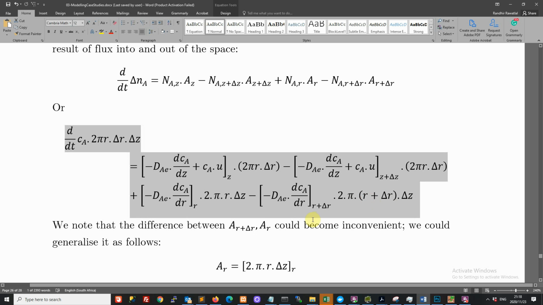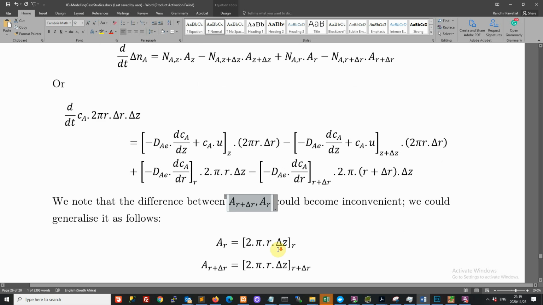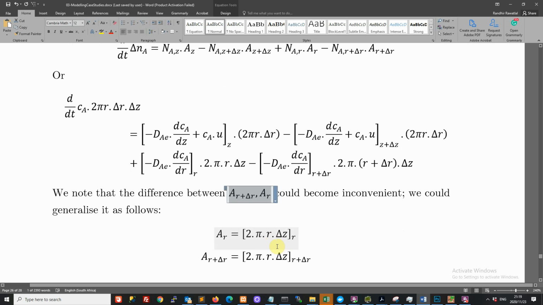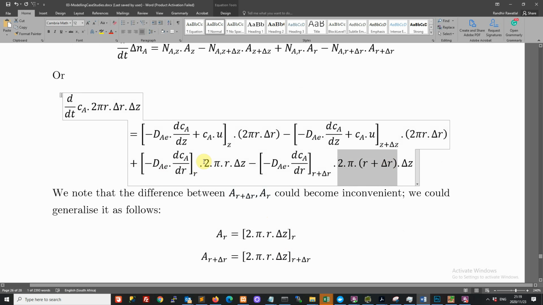The way around this is to generalize our concept of this area. So we can go ahead and write this. This is correct, right? There's nothing wrong with writing the area, or the circumference, in this way: 2 pi r and 2 pi r plus delta r.